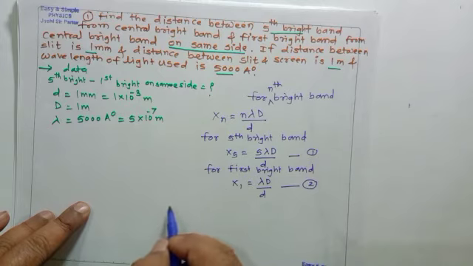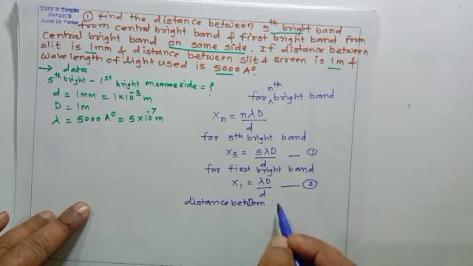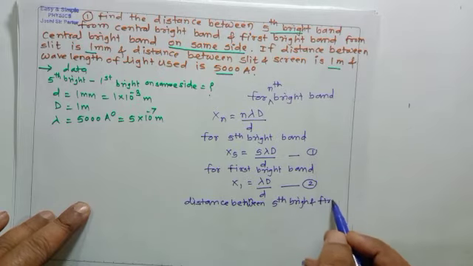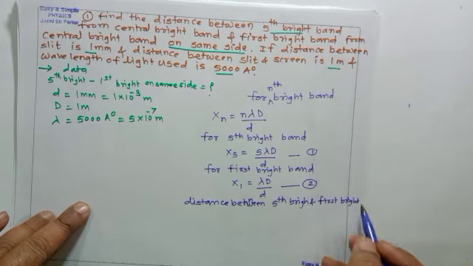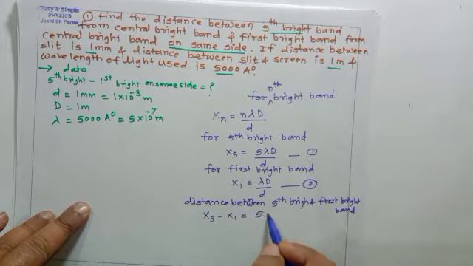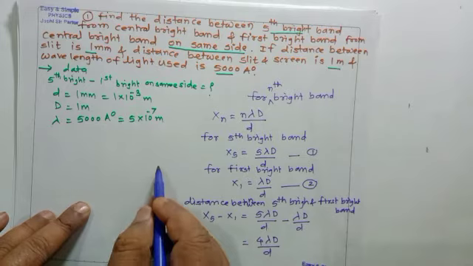So distance between fifth bright and first bright band from central bright band on same side, it will be x5 minus x1 is equal to 5 lambda capital D upon small d minus lambda capital D upon small d. It is 4 lambda capital D upon small d.